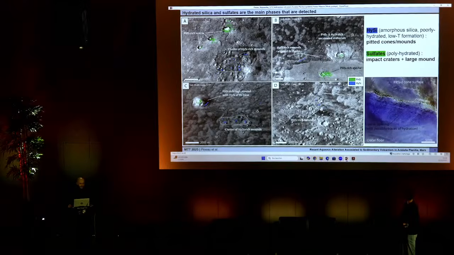It's still difficult for me to understand what those large lobate features really are.